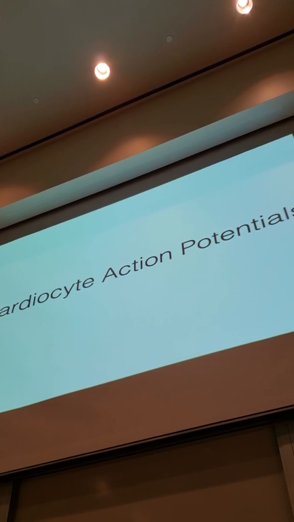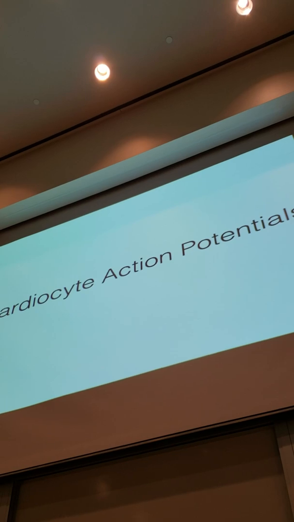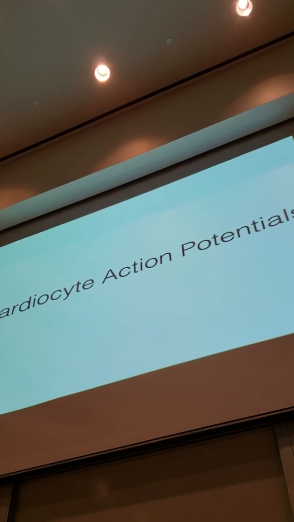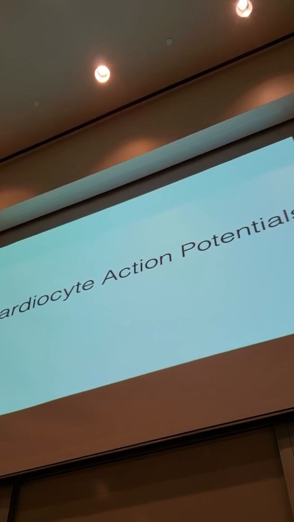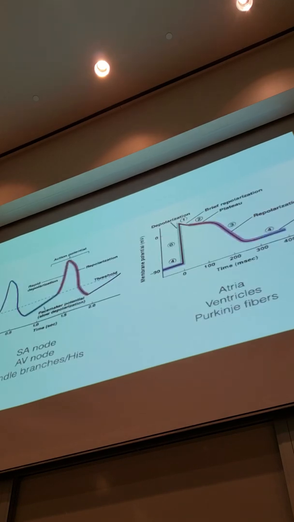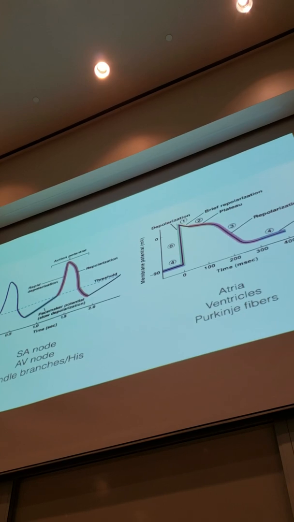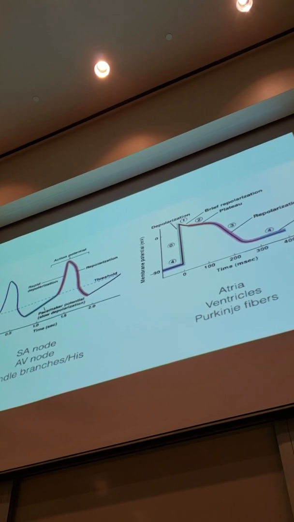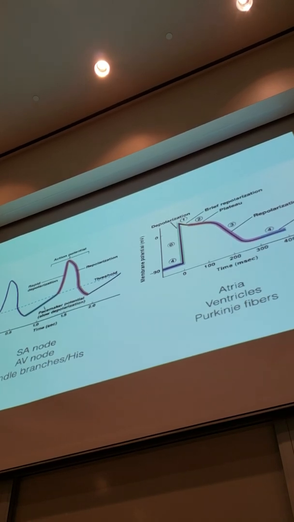Now, I often have trouble with students confounding these two types of cells, okay? So promise me that you know the difference between a conduction cell and a contractile cell. Say, I promise, right, Johnson? Okay. Which is which? Contractile cells are on the right. Which one has a pacemaker potential?